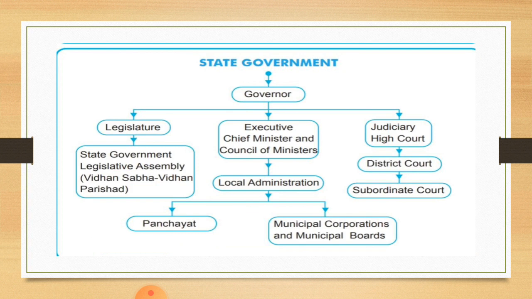And this one is of the state government. In the state government, the Governor is there, and then it is separated into three parts: legislature, executive, and judiciary. The legislature consists of the Legislative Assembly, Vidhan Sabha, and Vidhan Parishad. In the executive come the Chief Minister and Council of Ministers, and then local administrations, in which come panchayats, municipal corporations and municipal boards.